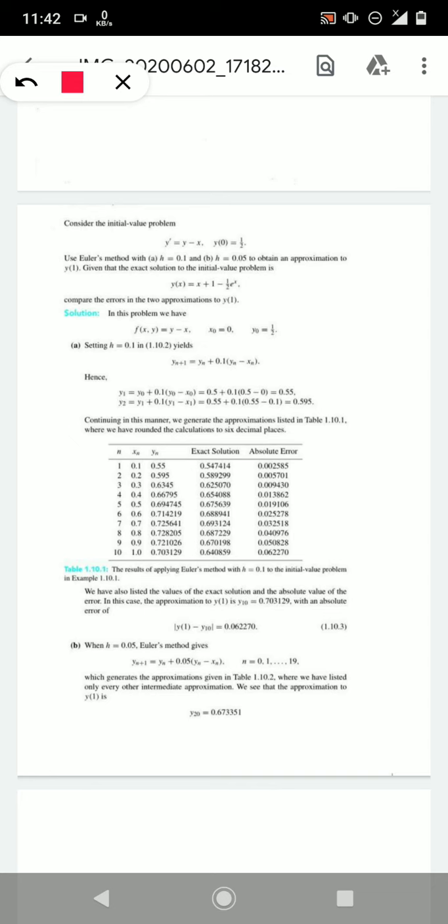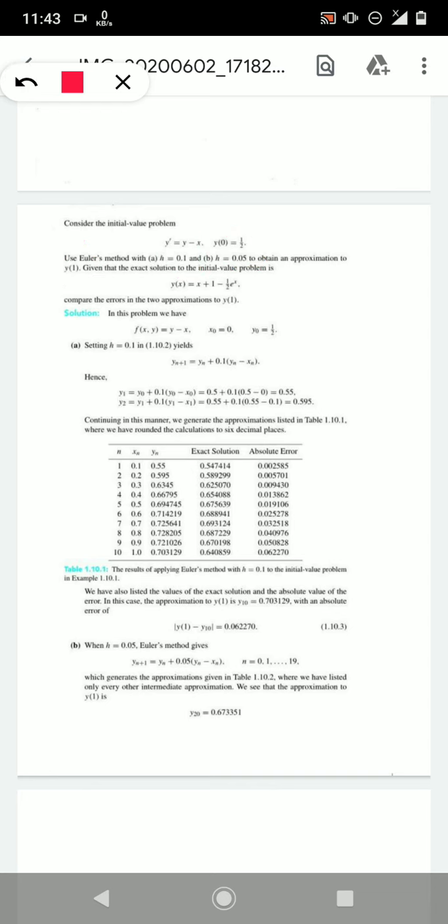Now in this problem, use Euler's method with h equal to 0.1 and h equal to 0.05 to obtain the approximation to y1. So we have to find the function value at 1, y1, using Euler's method with h equal to 0.1 and 0.05.